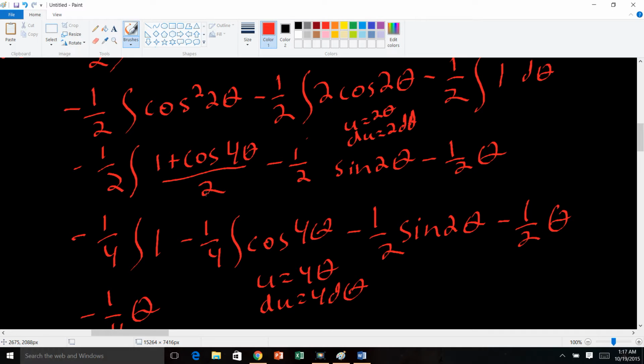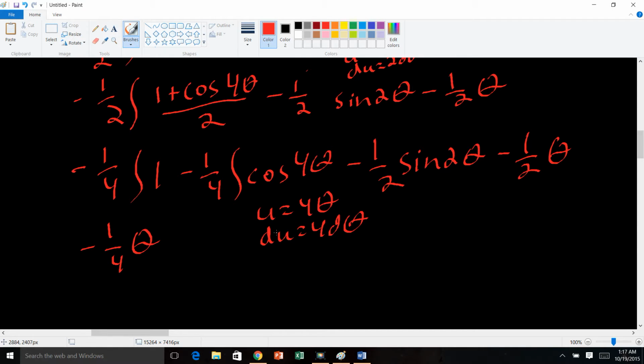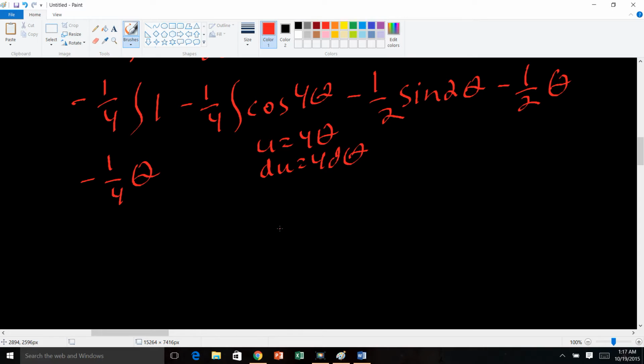Cosine squared 2 theta, 1 plus cosine 4 theta over 2, cosine 2 theta. We'll see where this goes. Cosine 4 theta. And we get our fourth out, we get -1/16.